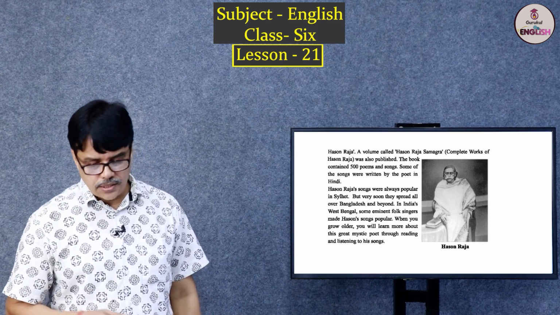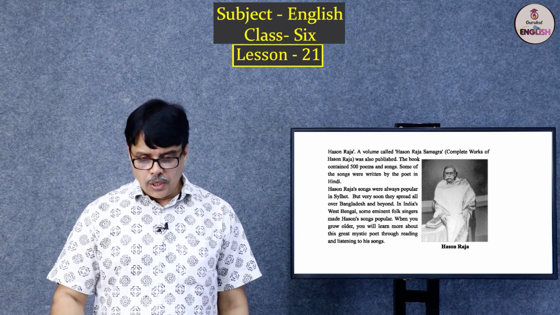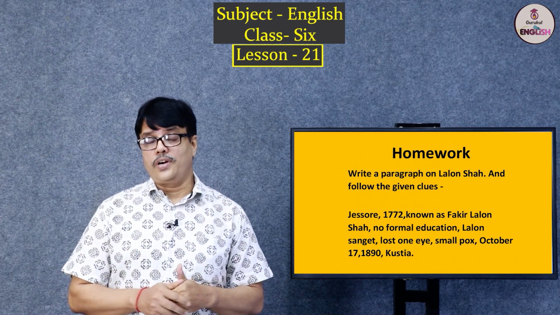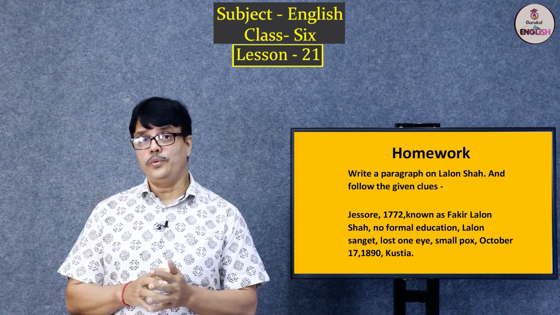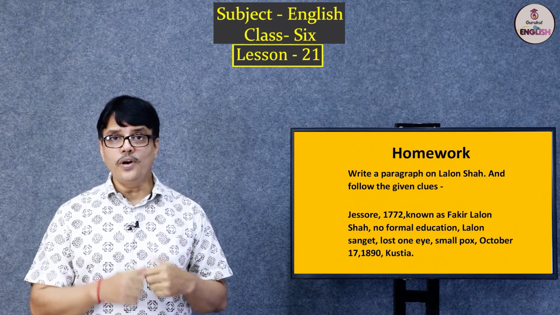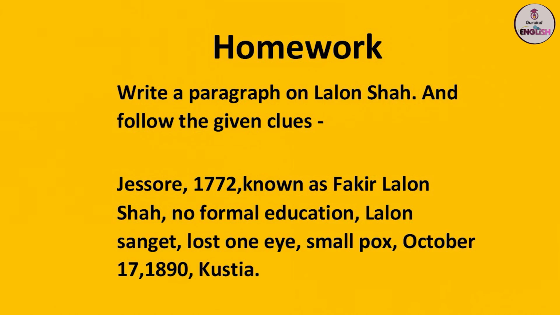Now, my students, this is the final stage in our lesson. We will practice a homework. What is the homework? You see, write a paragraph on Lalan Shah and follow the given clues.